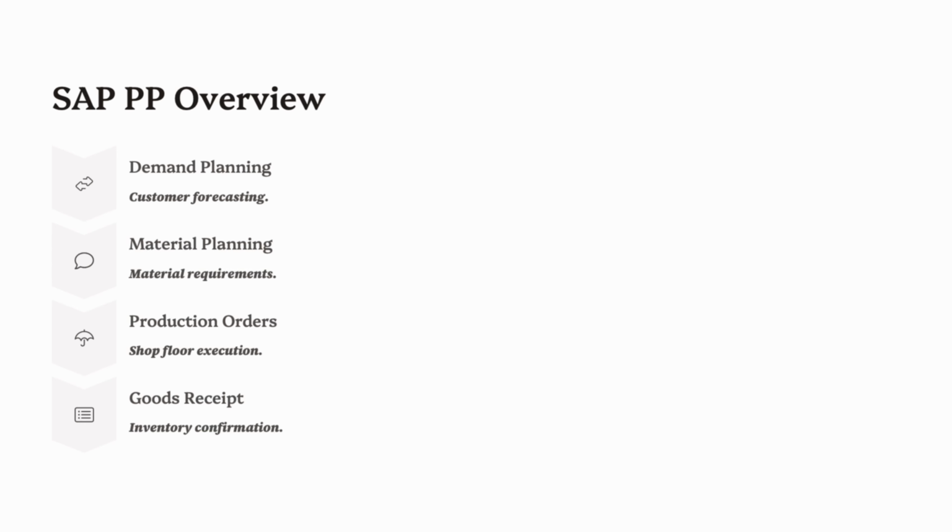Production orders are formal instructions to begin manufacturing. Capacity planning balances workload across machines and labor. By combining these functions, PP helps companies reduce downtime, control costs, and improve on-time delivery, three things that are critical in today's competitive global economy.